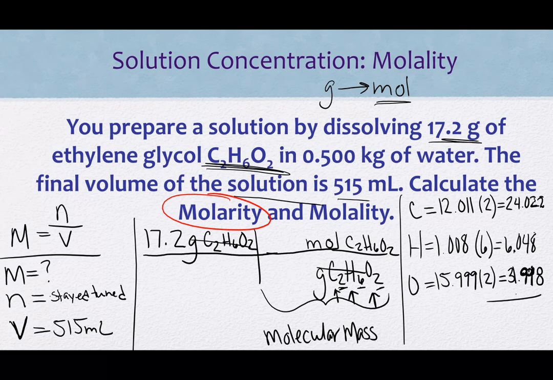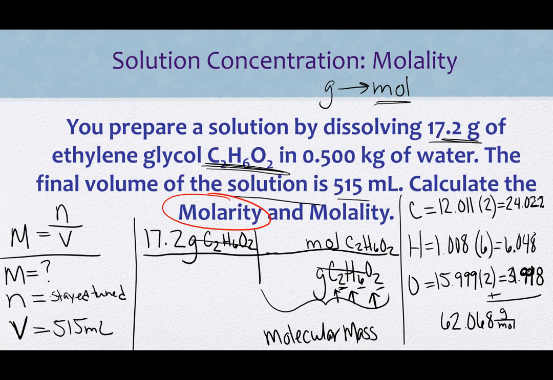All right, so to get the molecular mass of this whole molecule, I'm going to add these 3 numbers together. So 24.022 plus 6.048 plus 31.998 equals 62.068. And that's how many grams are in 1 mole, grams per mole.